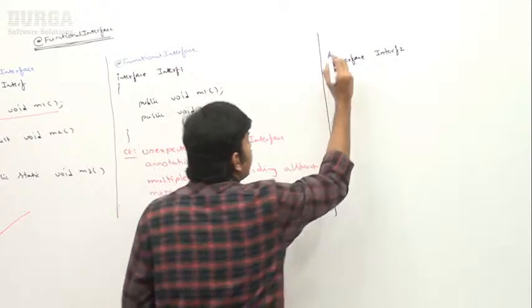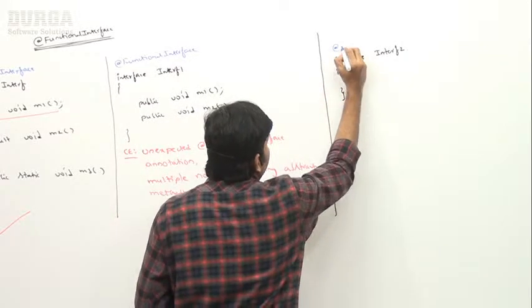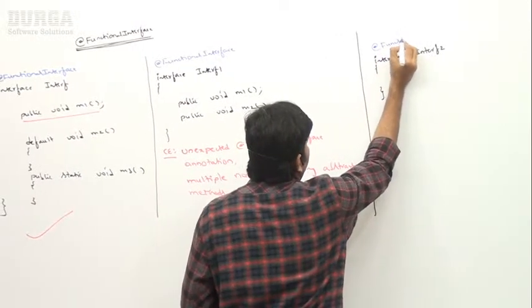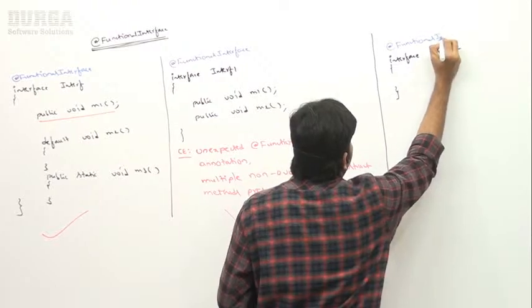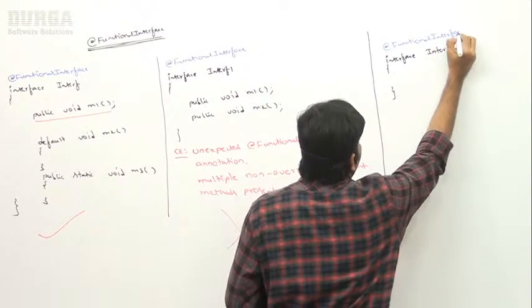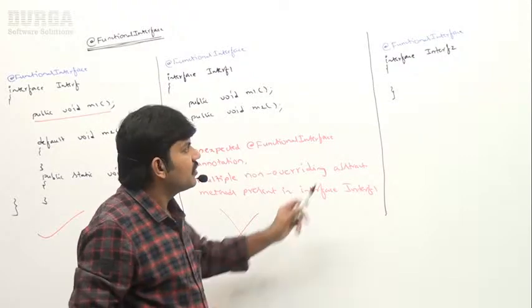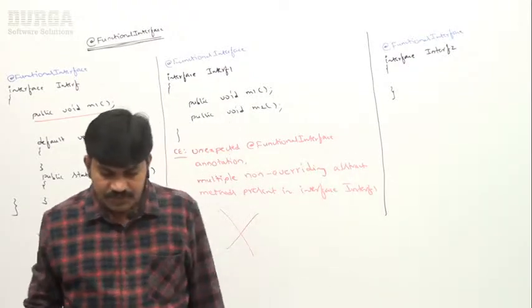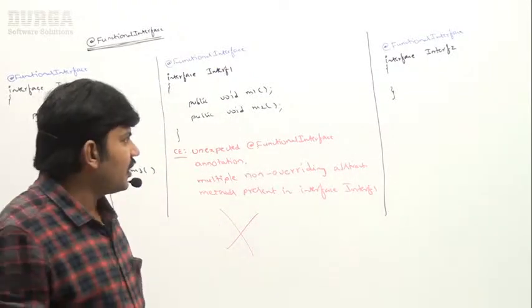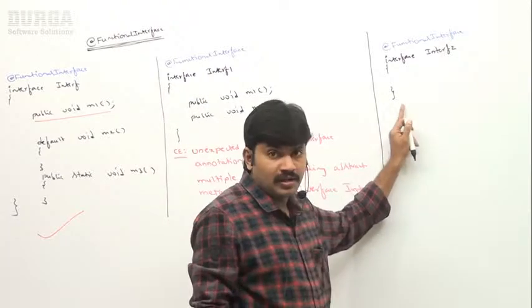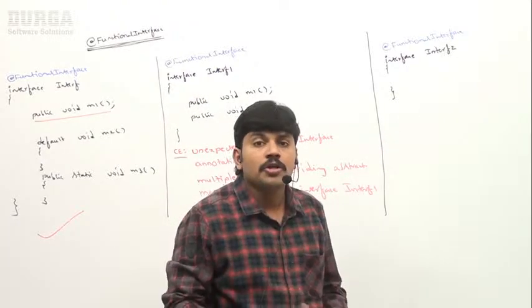But I declare this one with @FunctionalInterface. Can you please tell, is it valid or invalid? Can you please cross check, sir? I declared explicitly that this is a functional interface. Is it valid or invalid?